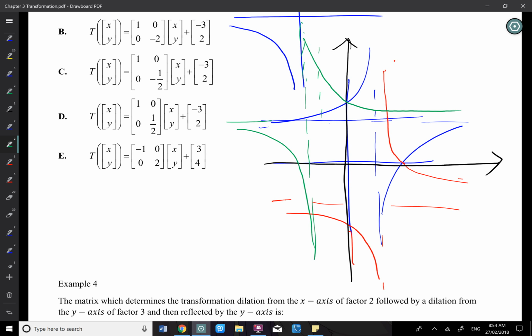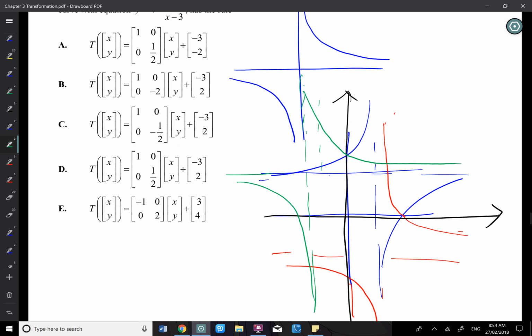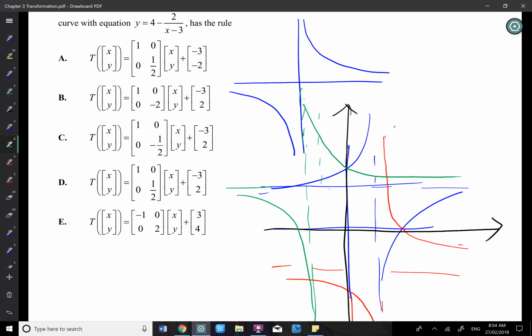So reflecting in the x-axis is the same as reflecting in the y-axis and then moving down. This is still achievable by reflecting in different axes. You're not going to say reflecting x or reflecting y gives exactly the same graph, but by different translation factors, you can become each other. That's why I said it depends on where you put the negative sign, whether you reflect in the x or the y.